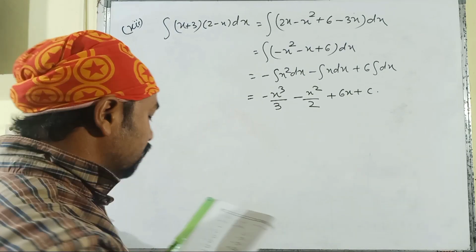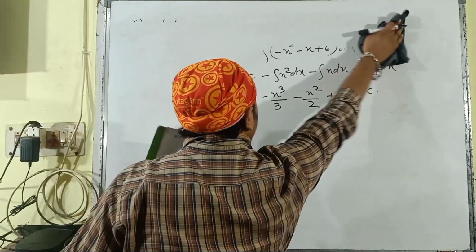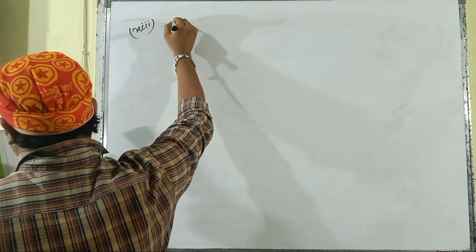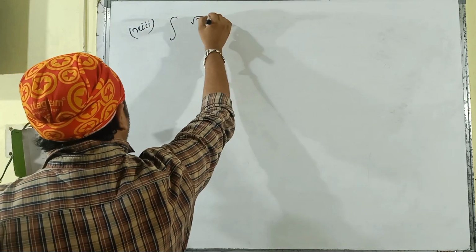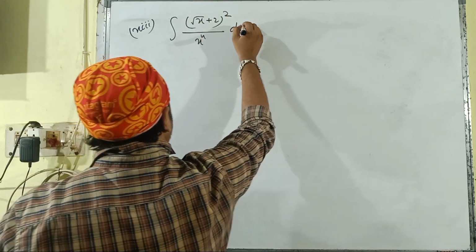Then moving to the 13th part of number 1. Let us go to the 13th part. It is the integral of the whole square of (root x plus 2) divided by x to the power 4 dx.